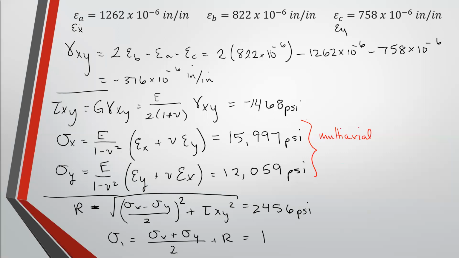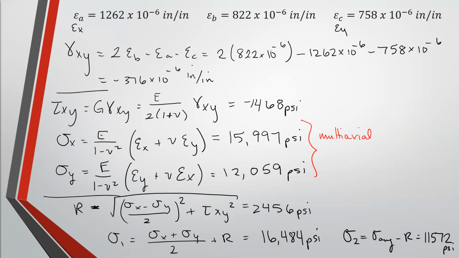It's going to give us a value of 16,484 psi. And sigma 2 is, of course, sigma average minus R. And so that's approximately the 14 minus the 24. So I get 11,572 psi.